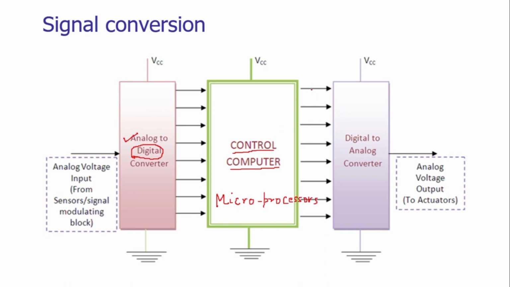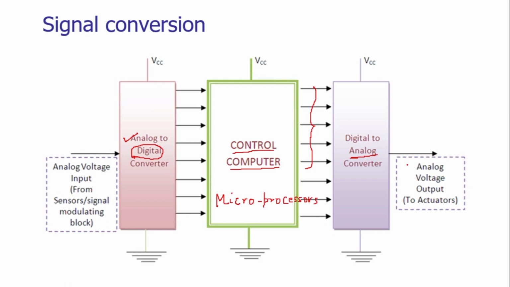The microprocessors are generating the digital signals, and those digital signals need to be further converted into the analog form, which can be utilized to actuate the actuators. In automated systems, especially, we need to actuate the drives.